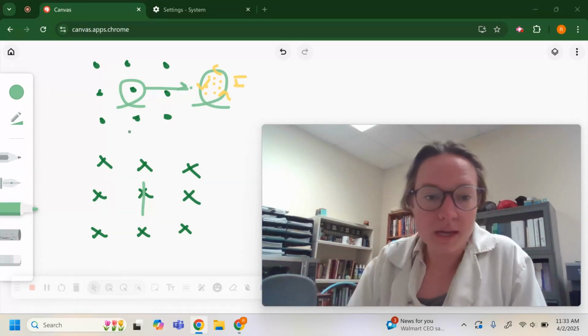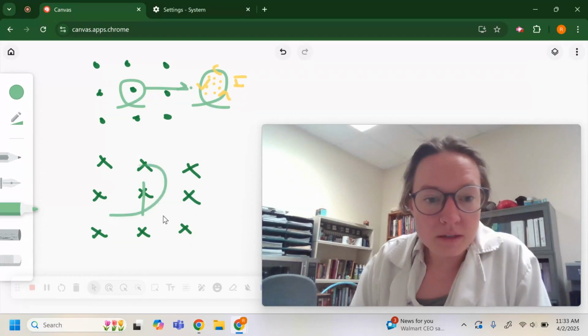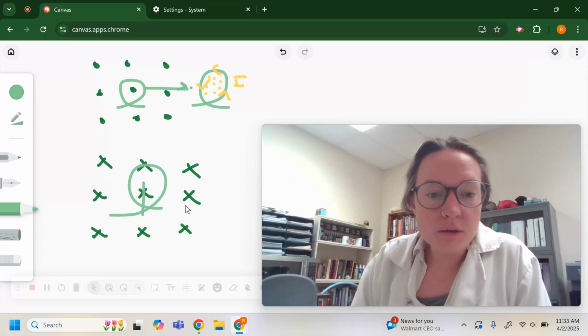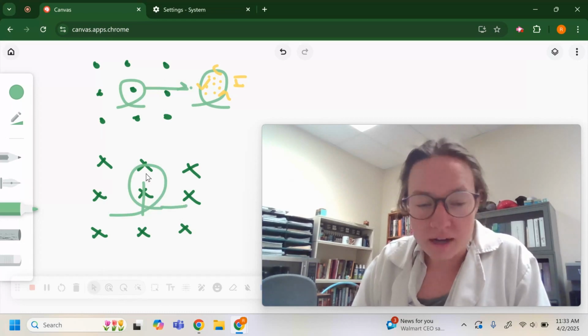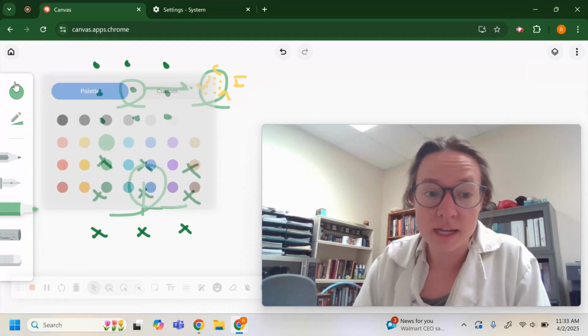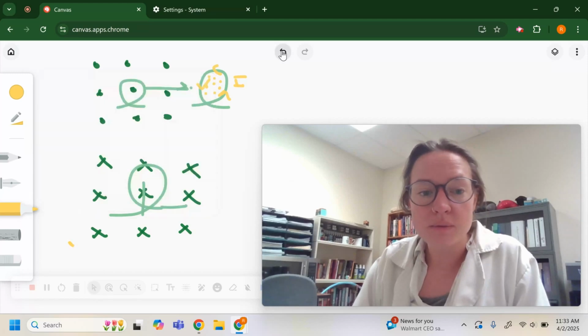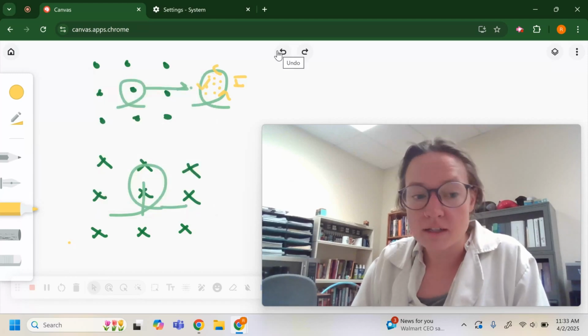So here's what we used to have: a loop like this, but now the loop is going to go like this. The loop used to have no flux through it, but now it does have some flux through it, and that flux is going into the board. And that little loop would prefer to oppose that change in flux. So it would like things to go back to the way they were when there was no flux through the loop.